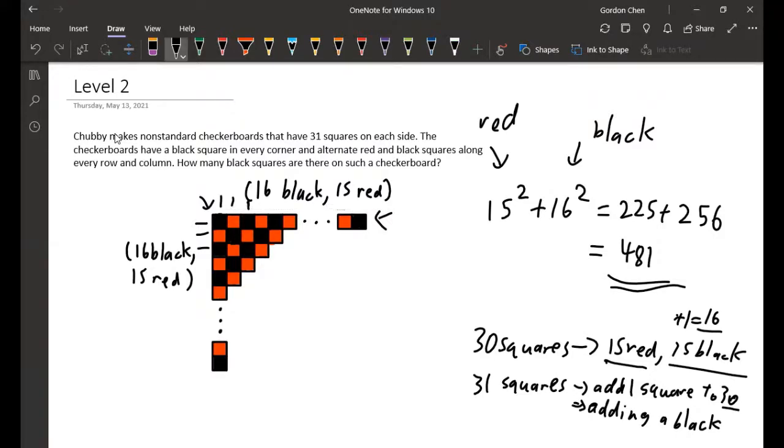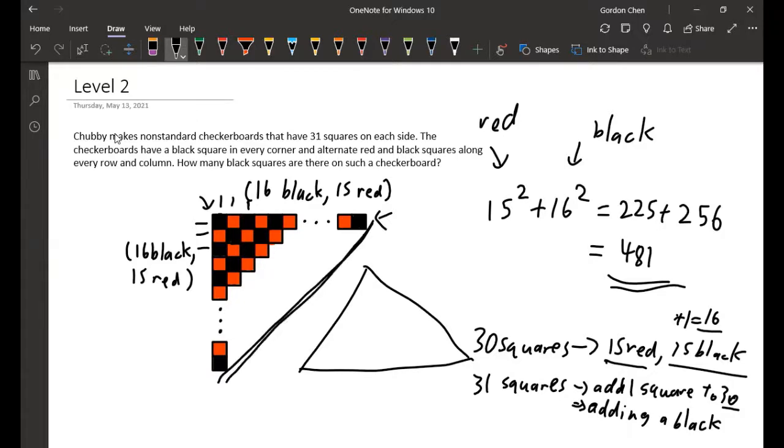So to find the number of blacks here, if we look at it diagonally, you flip it over, and then you make this side the flat side, and so you get this side.